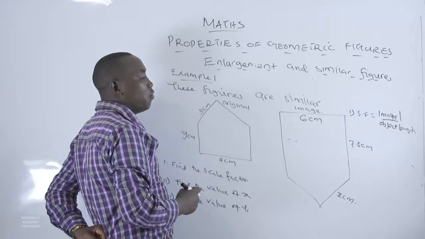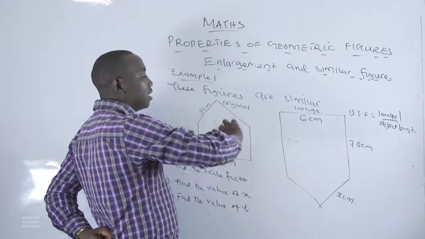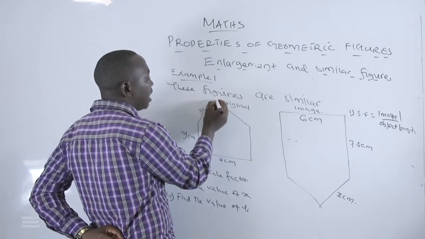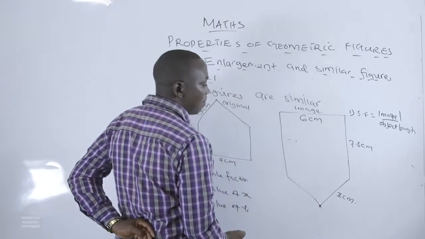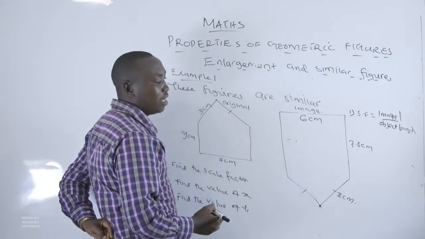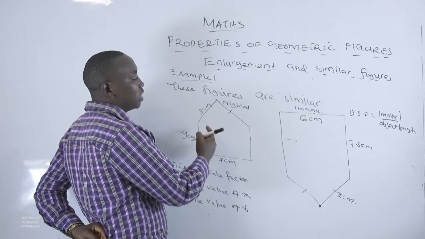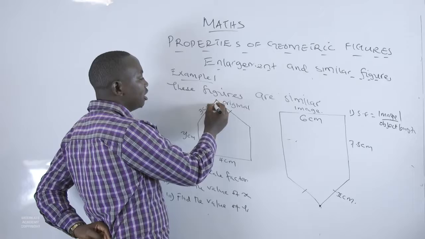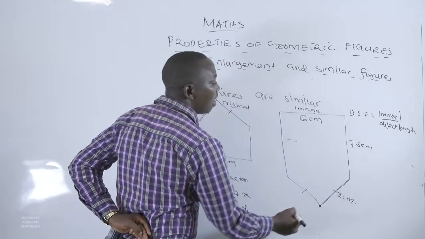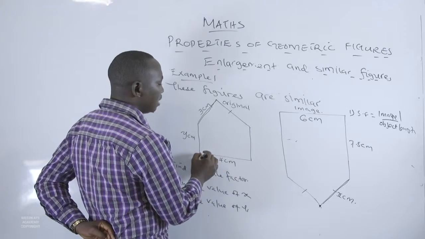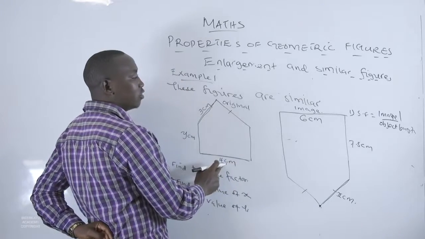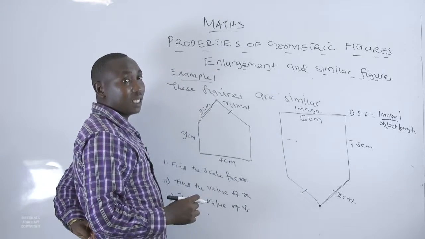So the only work here is for us to find the corresponding sides. From this, we can see that the object has been inverted, so that these particular points go there. Given that this side and this side are equal, and that side and that side are equal, we can say that this particular point corresponds to this particular point. The base will now correspond to this, and we are told that this is 4 centimeters, that is 6 centimeters.